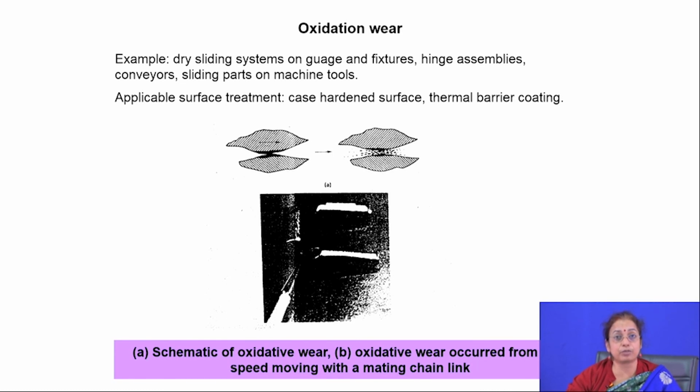Depending on the nature of the oxide layer that is forming, it can contribute positively or negatively. When the oxide is highly porous, it increases the kinetics of wear. On the other hand, when it is strong and protective in nature, it reduces the probability of adhesive wear further.